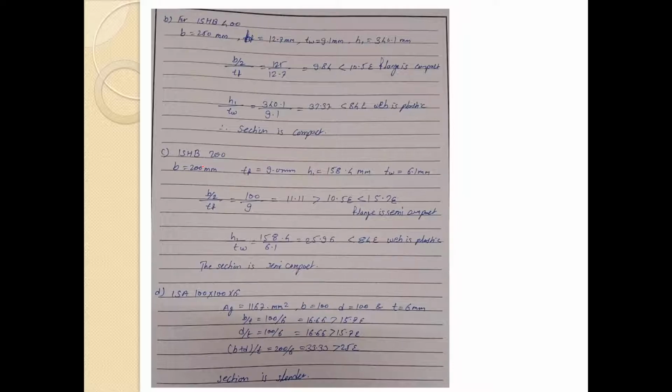Now ISFG 200. The width is 200 mm. The thickness of the flange is 9 mm. H1, that is the height of the web without considering the flanges, and the thickness of the web is 6.1 mm. So this ratio is again 11.11, which is greater than 10.5 but lesser than 15.7.